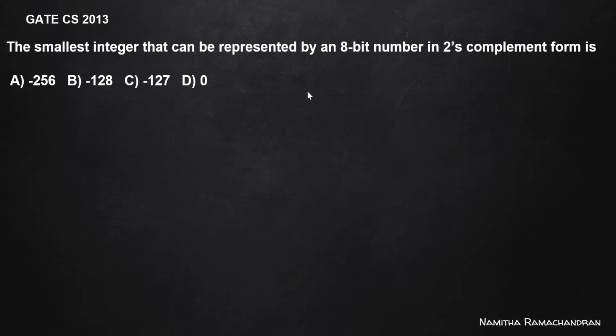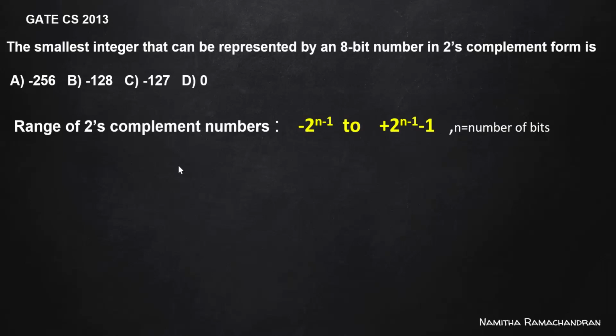For solving this, we need a basic information, that is the range of numbers that can be represented in 2's complement form is this: minus 2 to the power n minus 1 to plus 2 to the power n minus 1 minus 1. This n is actually indicating the number of bits used for representing binary number in 2's complement form. Here it is given that the number of bits used here is 8.